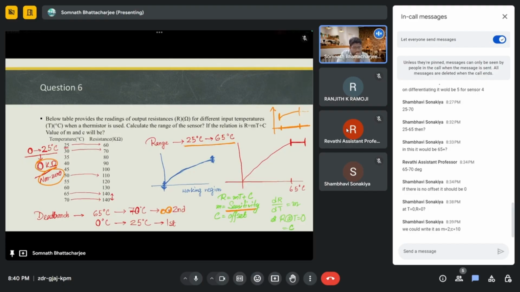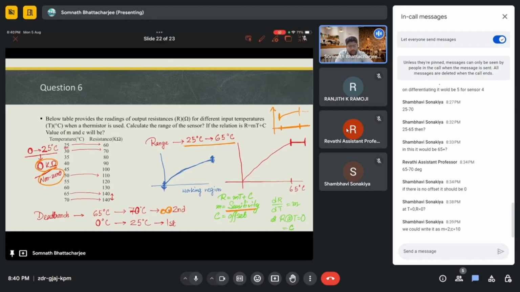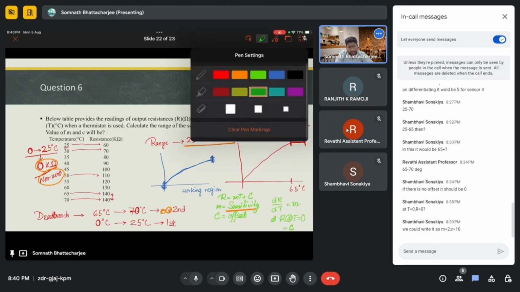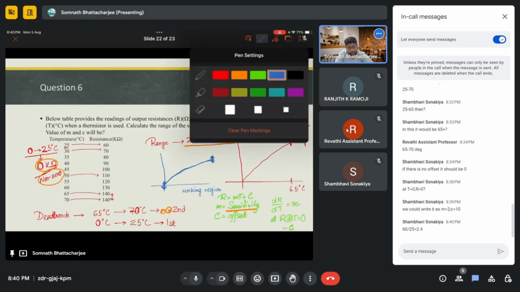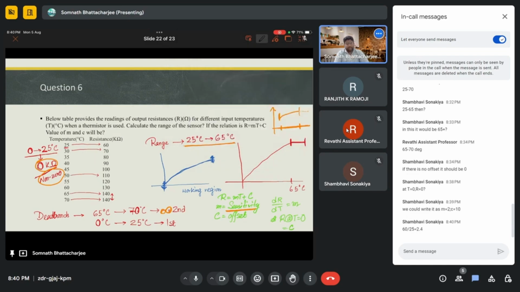We could write it as m equals 2 and c equals 10. Okay. Why m equals 2? From the first two values or from what? 2.4. 60 by 25.